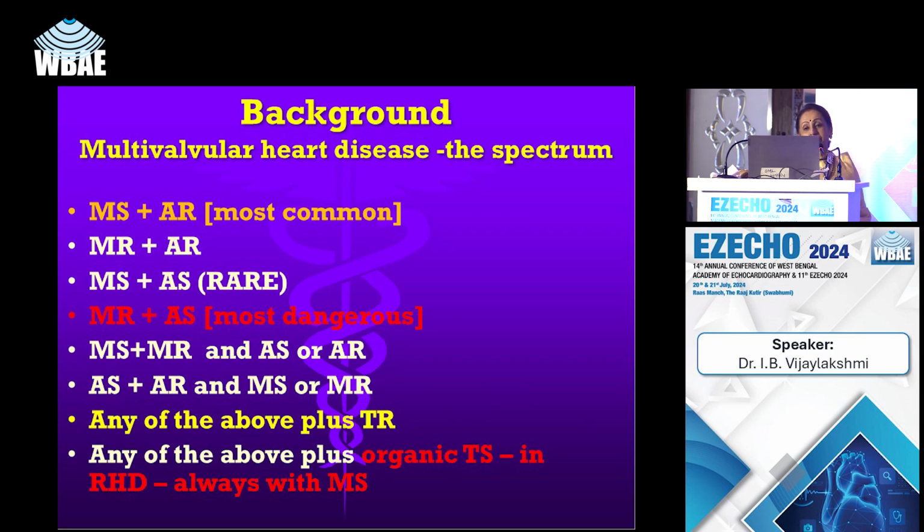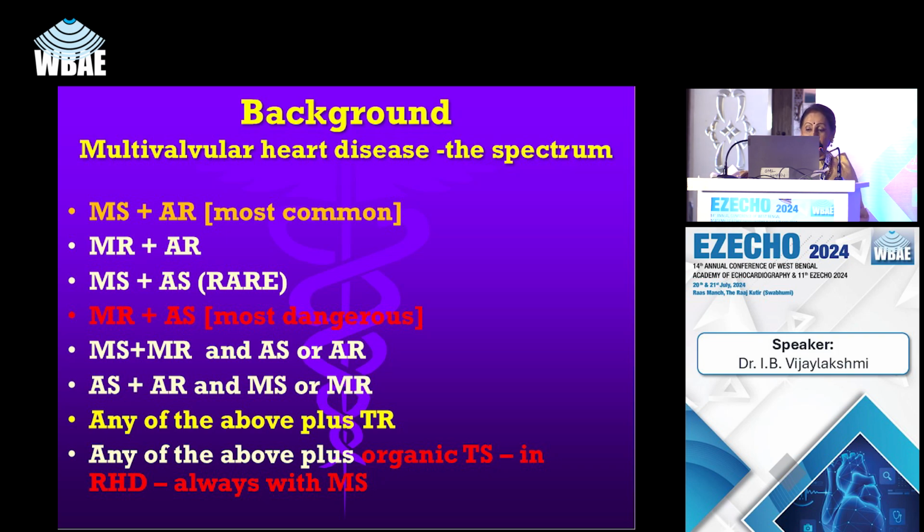Whenever there is a combination of MS and AR, as in our case, that is the most common one. MR with AR or MS with AS is extremely rare. MR plus AS is the most dangerous one. MS with MR or AS or AR, and any of the above with the TR, forms the multivalvular disease.